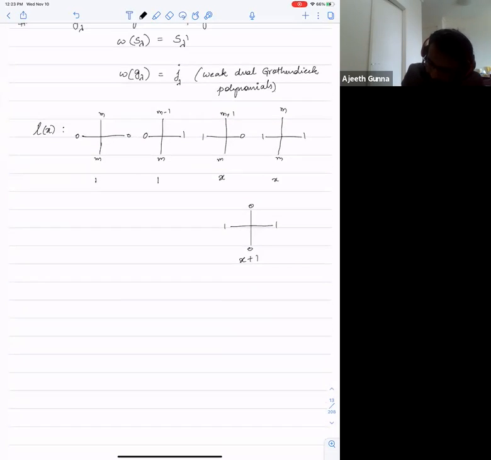Okay, so we need an R matrix that intertwines this L matrix, and it is of the following form.